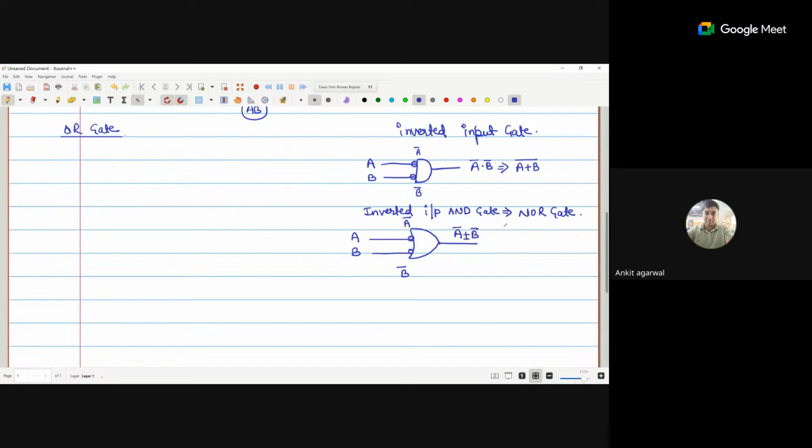This is the OR gate, and due to De Morgan's theorem I can write it as AB bar. So an inverted input OR gate is NAND.